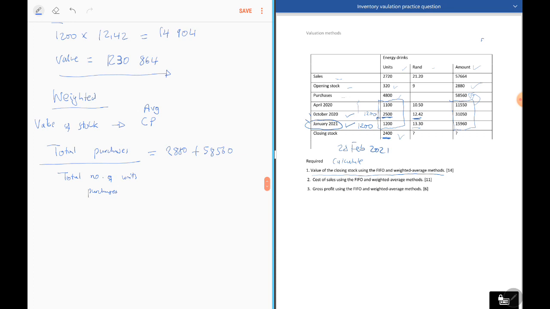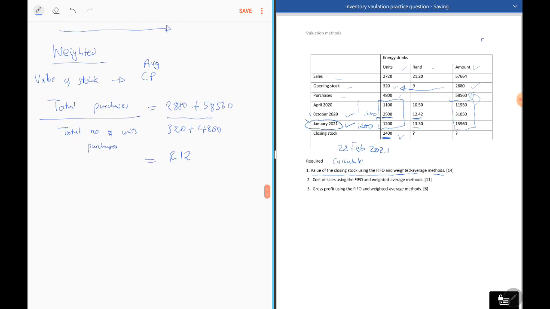You see, guys, so you took opening plus all the purchases, you divide by number of units. How many were these? 320 units, and then these were 4,800 units. You're going to get the average cost price here, which is 2,880 plus 58,560, divided by 320 plus 4,800. What do you get? You get 12 rands. This is the average cost price of each item.